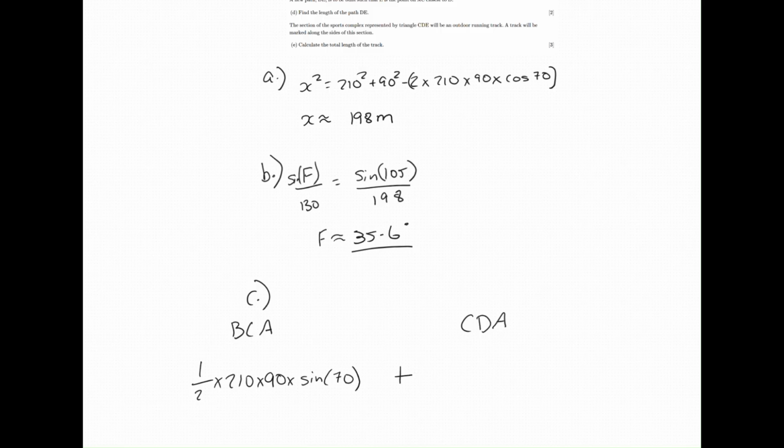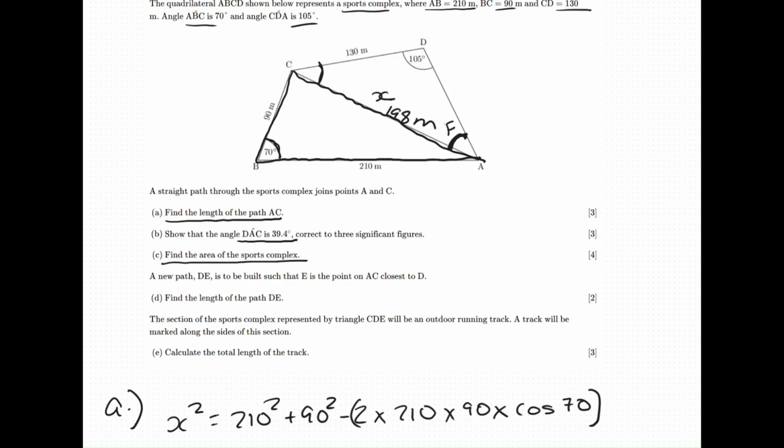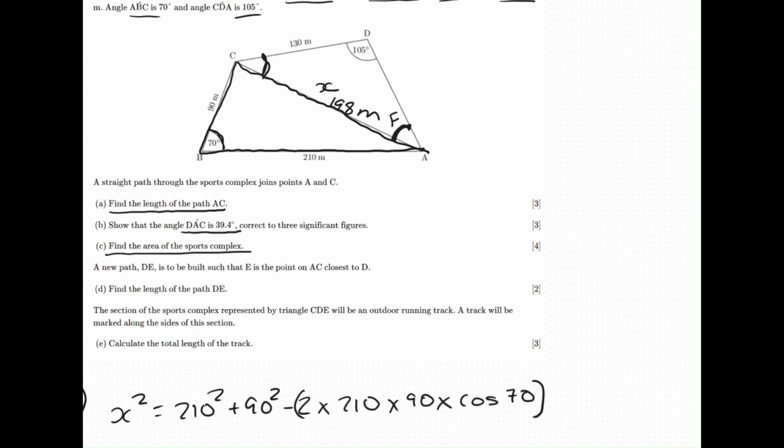And you'd have to add this onto half times 198 times 130 times sine of ACD. If you realize here, this angle is missing. But it's pretty simple to find out the angle. I simply have to do 180 minus 105 plus 39.4.